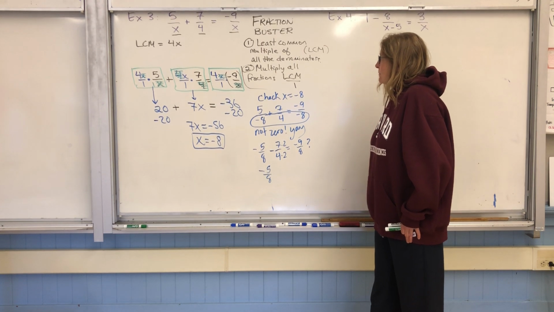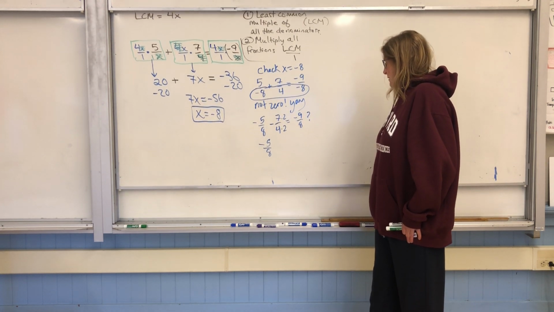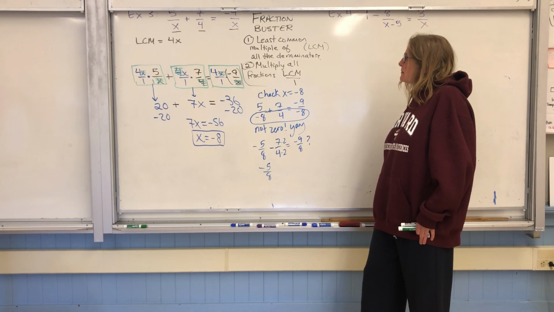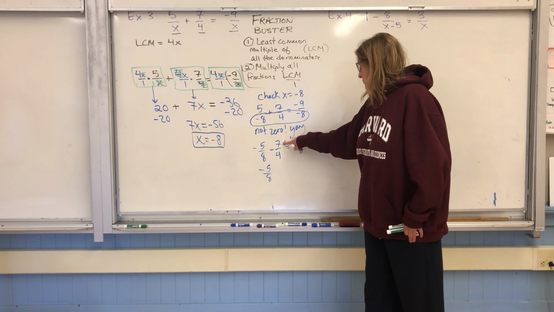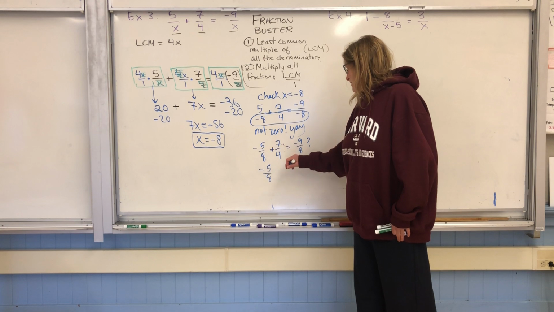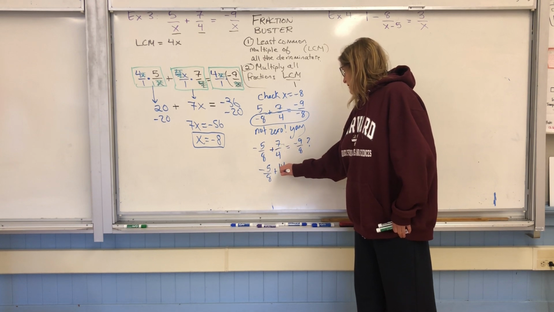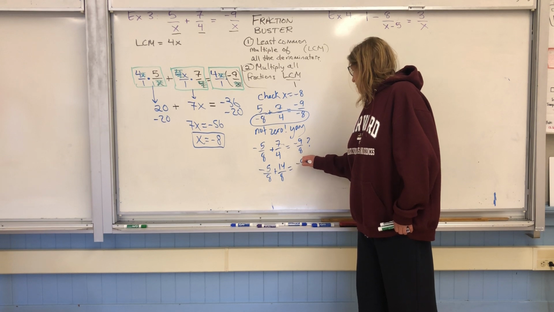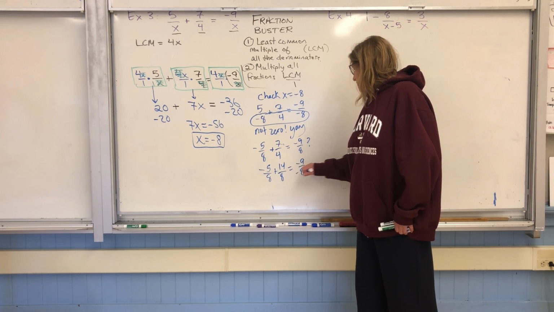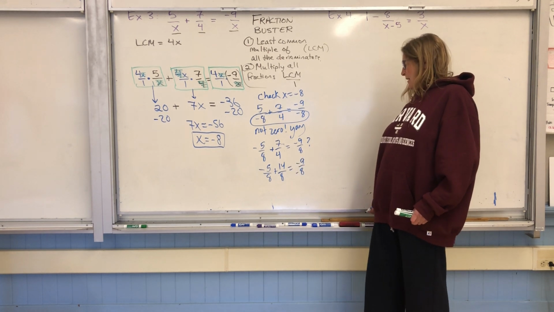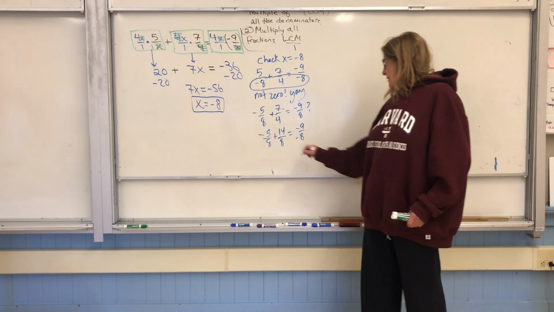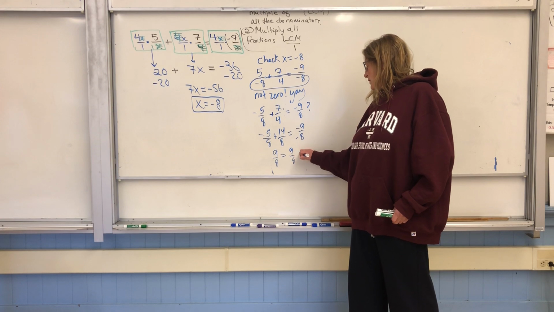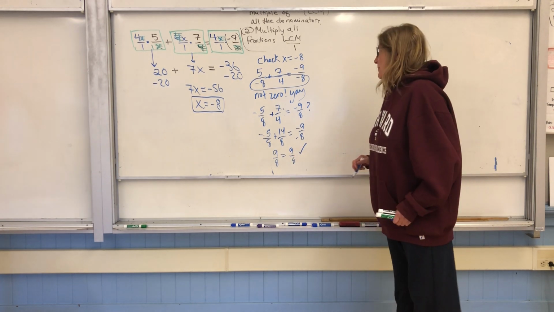Yeah, negative 5 over 8 plus 7 over 4, which is plus 14 over 8, equals negative 9 over 8. Negative 9 over negative 8. Okay, that's perfect. So I get 9 over 8 equals 9 over 8. Sorry, had a moment of messed upness there.